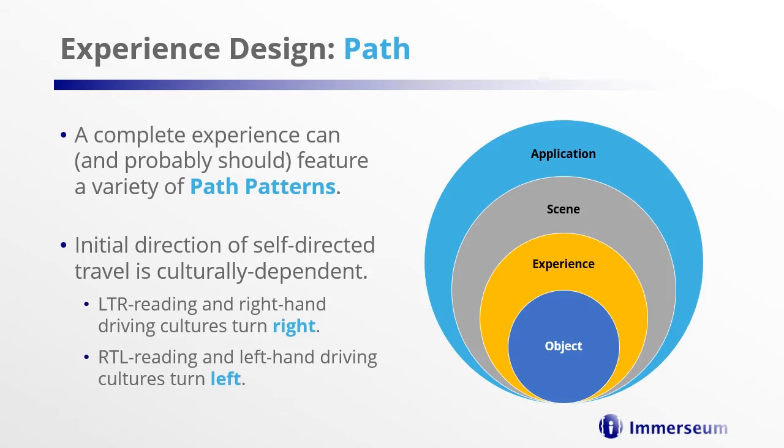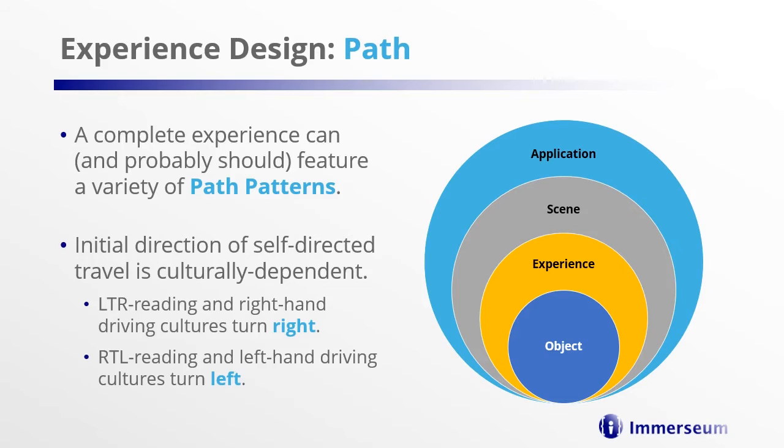Path selection processes are culturally dependent. For example, most people who come from cultures where text is read from left to right, or people who drive on the right-hand side of the street the way we do, when they enter a museum gallery, their first instinct is to turn right.